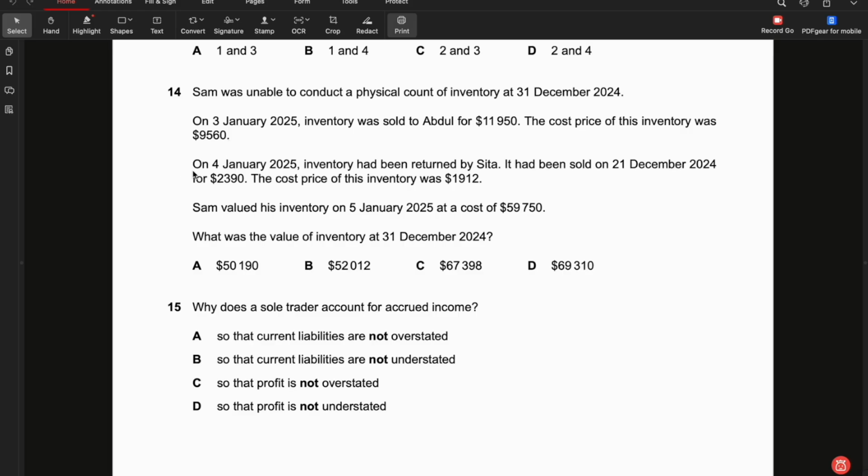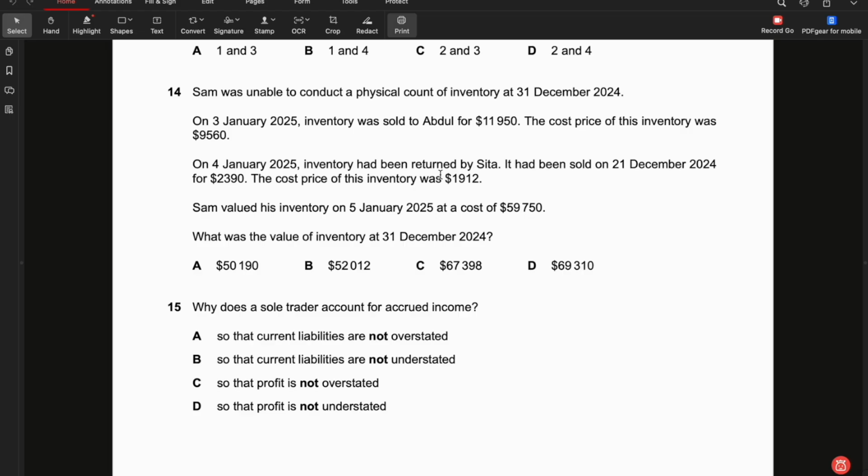And then on 4th January 2025, inventory was returned by Sita. It had been sold on 21st December 2024. So last year in 2024, we sold this to Sita, and now she is returning it on 4th January. And the amount is 2,390, but the cost of the inventory was 1,912.